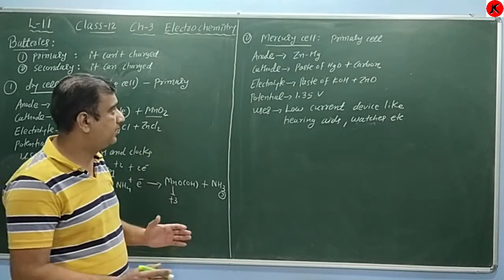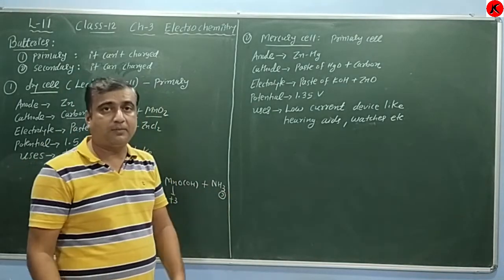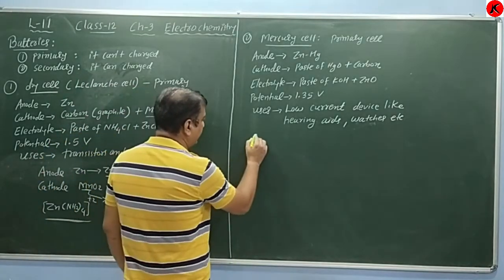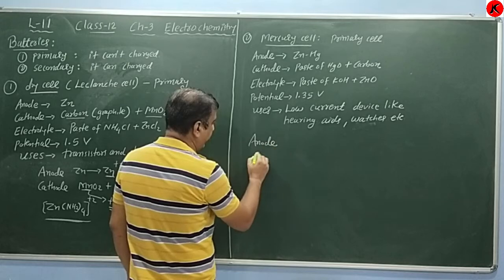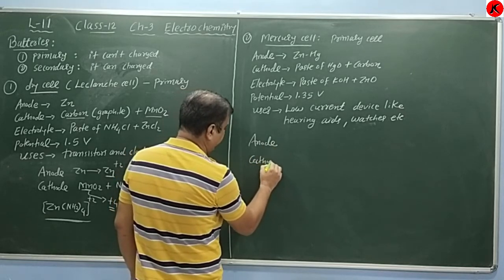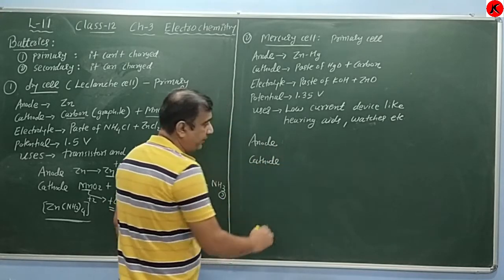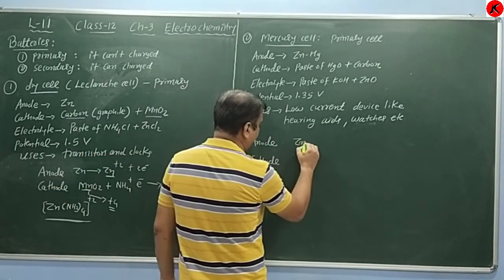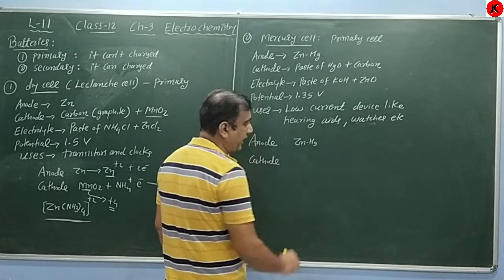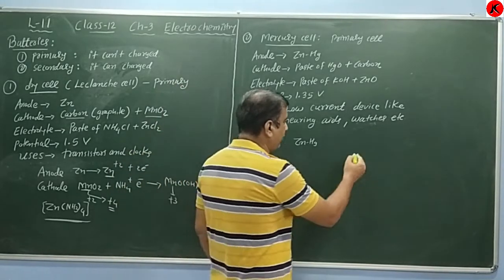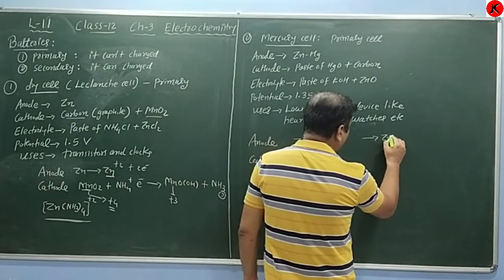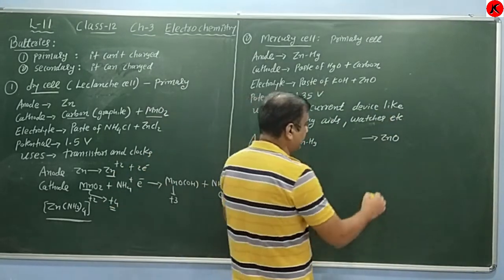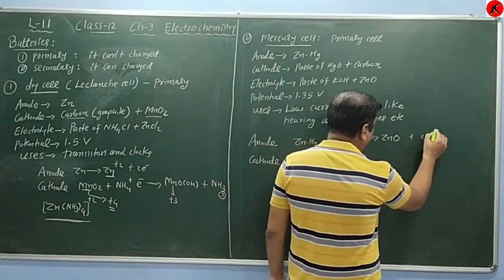Now the main thing is the chemical reactions by which electricity is produced. First the anode, and the second one is the cathode. At the anode oxidation takes place, at the cathode reduction. Here the zinc mercury amalgam is oxidized to ZnO. In the oxidation reaction, two electrons are there.